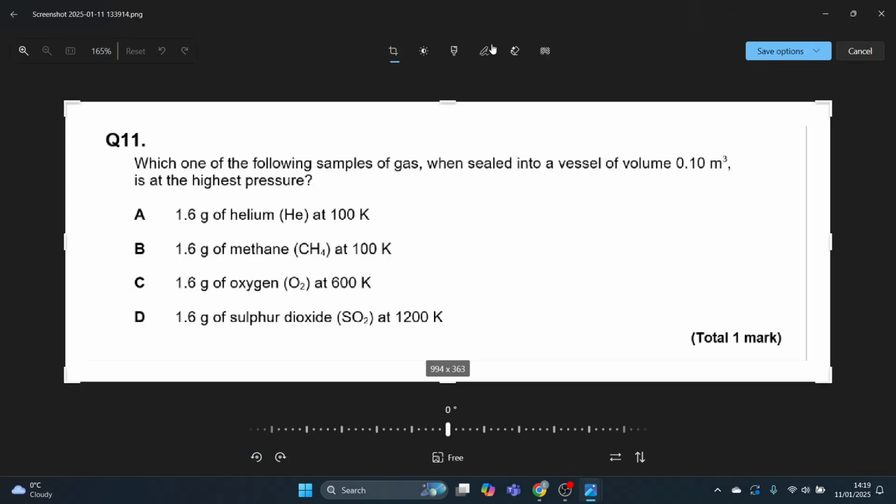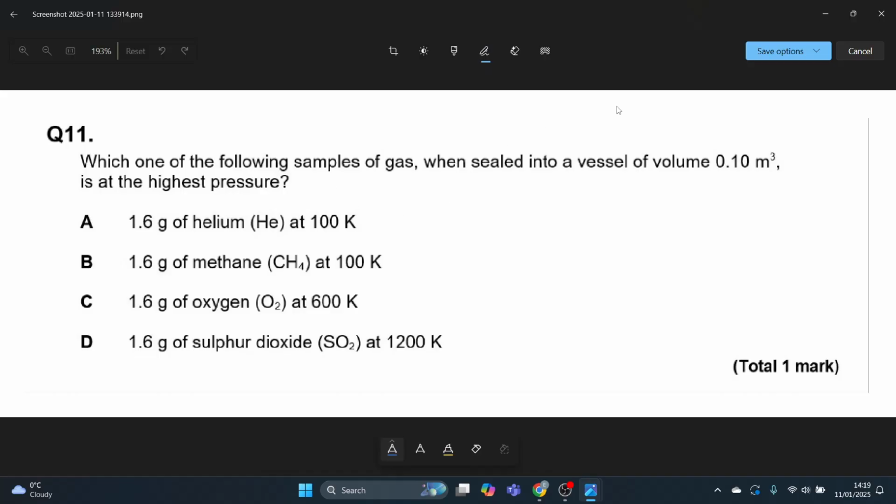Question 11. Which one of the following examples of gas, when sealed in the volume, has the highest pressure? PV equals nRT. Pressure equals nRT divided by volume. So it's going to be the number of moles of helium, 1.6 divided by helium. I think it's 2 or 4. Yeah, 4.